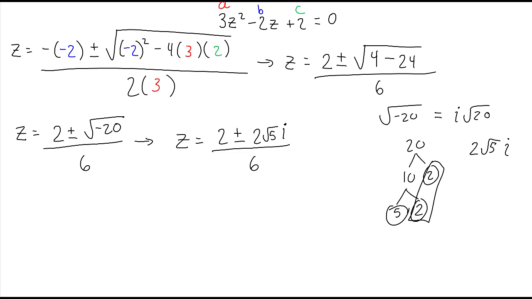Okay, now let's simplify. Remember, to reduce this type of fraction, all 3 of these numbers have to be divisible by the same number. They are all divisible by 2. So divide them all by 2. I get 1 plus or minus 1 times the square root of 5, i, over 6 divided by 2, which is 3.